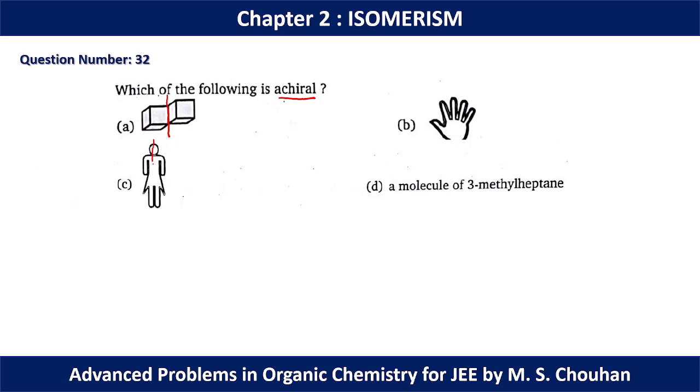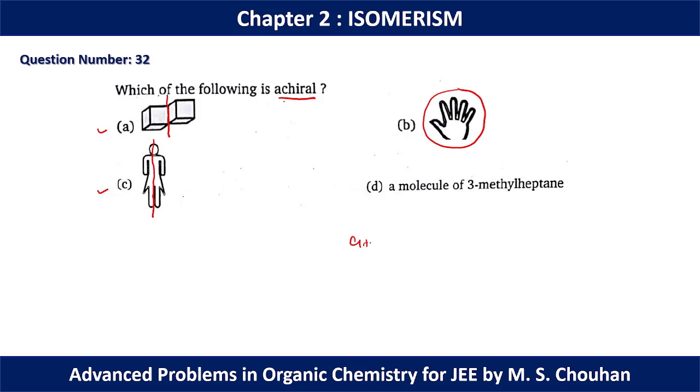Again, sigma symmetry is present in this structure also, so this is also achiral. Okay, so two of them should be the correct option because there is no sigma symmetry or i-symmetry present for this structure. So this is a chiral structure.